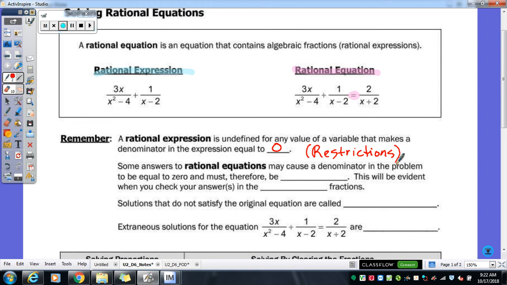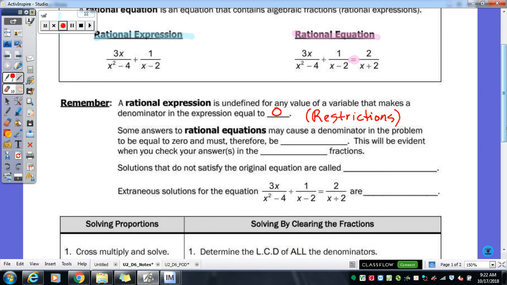And then some answers to rational equations may cause a denominator in the problem to be equal to 0 and must therefore be rejected. So if we get an answer that was one of our restrictions, we have to reject it because that means it's going to create a 0. This is evident when you check your answers in the original fractions.